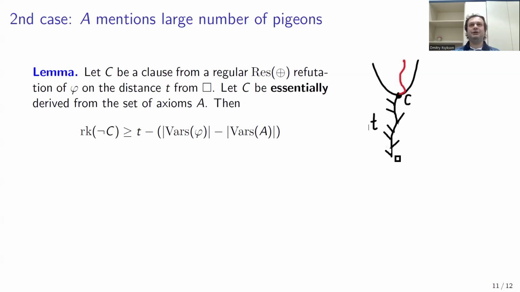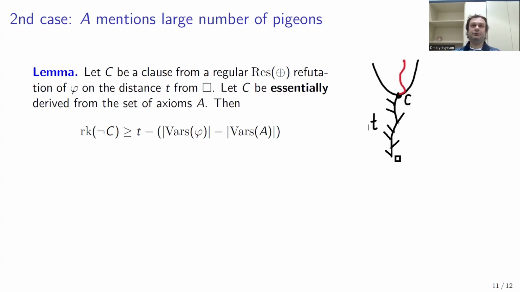Let C be essentially derived from the set of axioms A. We include a clause of phi in A only if there is an assignment sigma falsifying C such that if we start a path from C going to a premise falsified by sigma, we achieve this clause of phi. The lemma states that the rank of the negation of C is at least t minus the number of variables that are in phi but not in A.